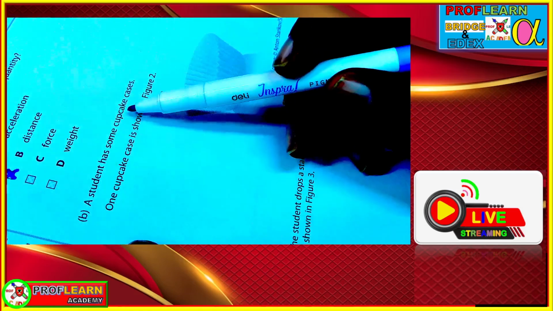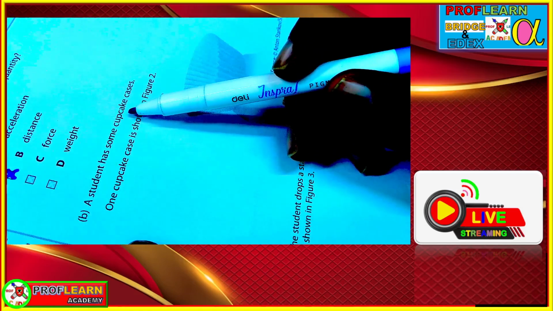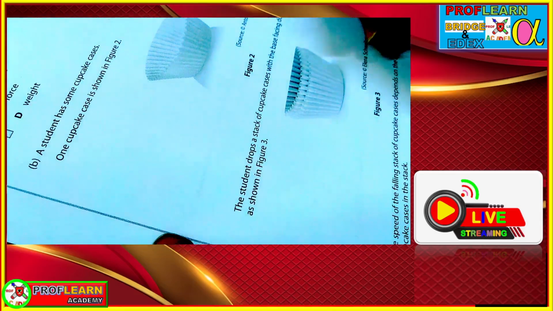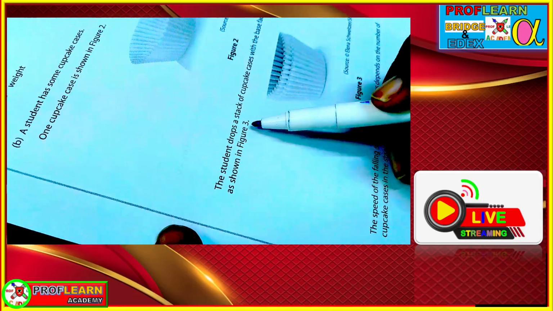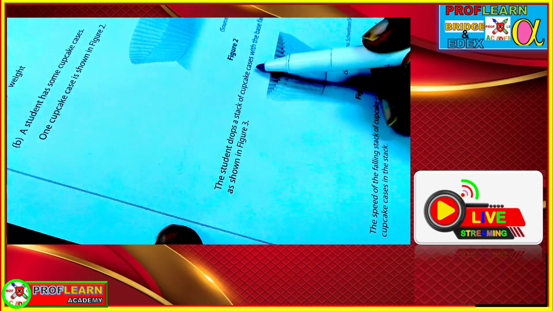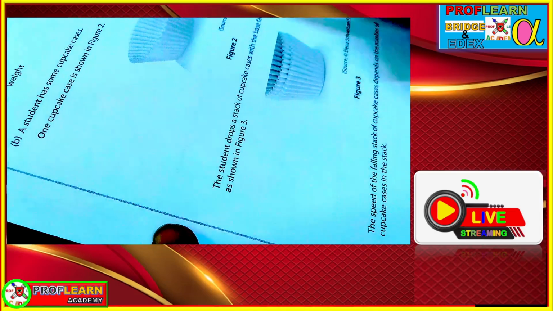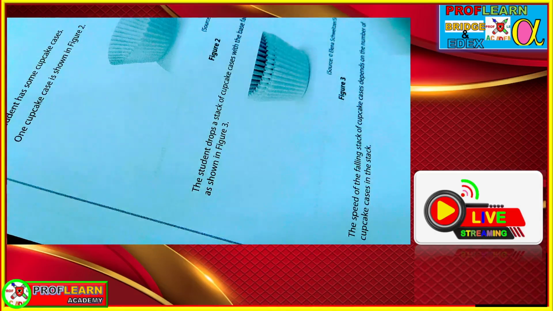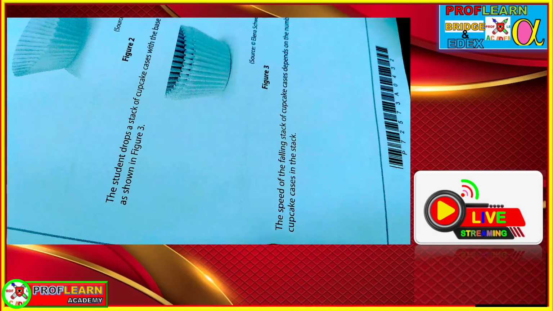A student has cupcake cases. So one cupcake case is shown here. The student drops a stack of cupcake cases with the base facing downwards as shown here. The speed of the falling stack depends on the number of cases in the stack.